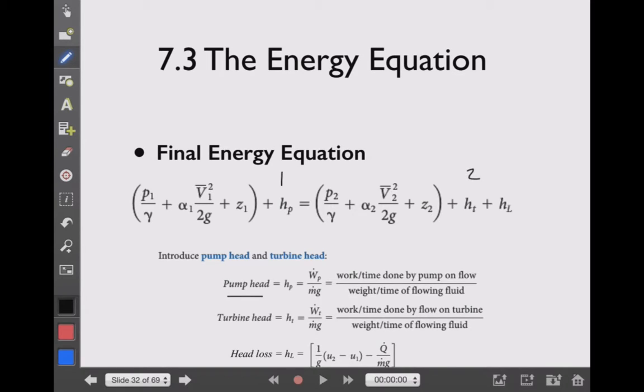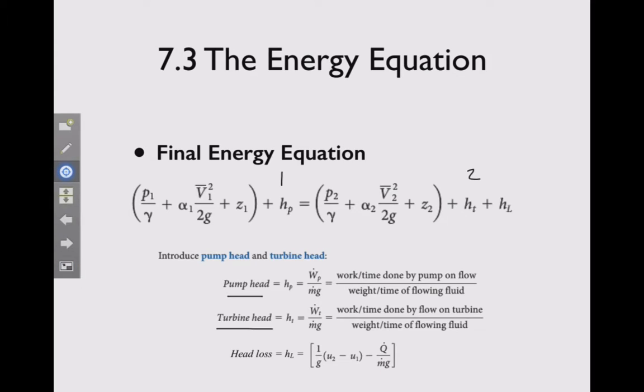Number 2 is the turbine head, H sub T, and correspondingly that is the work per unit time done by the flow on the turbine. So this is basically work that's being extracted per unit time out of the fluid, and that is also divided by m dot g, the weight per time of the flowing fluid.